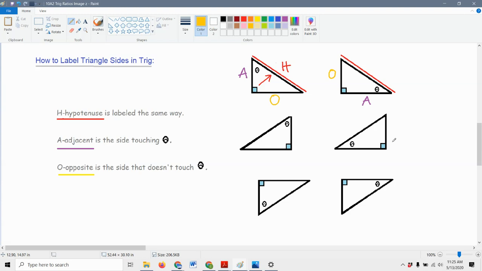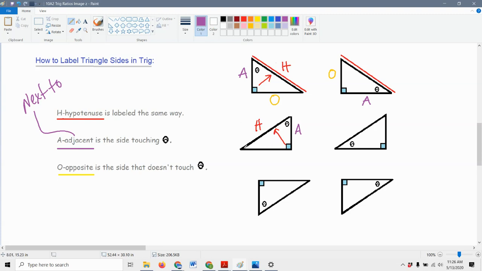Let's do another pair of triangles. Again, these are identical. I kind of nipped the top off this one, but they are identical. And of course, we're always going to start with our hypotenuse. Here's that right angle. Across from our right angle, that long diagonal is our hypotenuse. We label that with an H. The side actually touching theta here is our adjacent side. Adjacent is a word meaning next to.